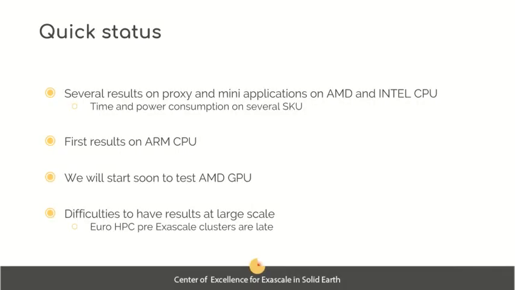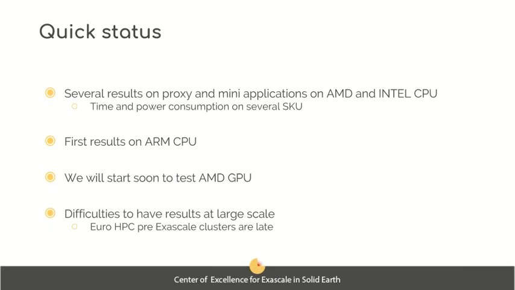Here's a quick status of our co-design task. For the moment, we have several results on proxy and mini applications, mainly on AMD and Intel CPUs. We have time to solution and power consumption on several SKUs.